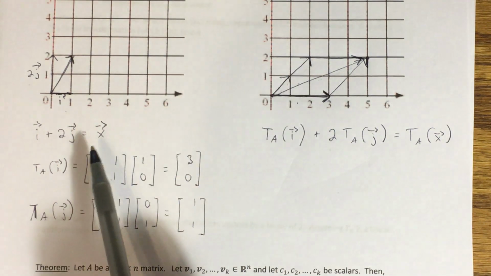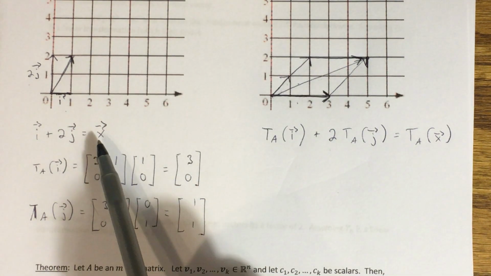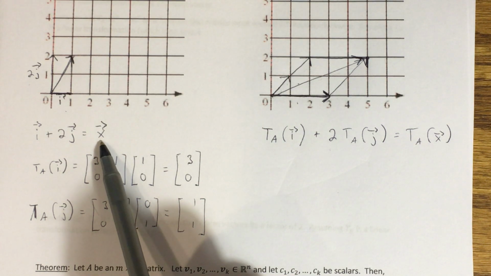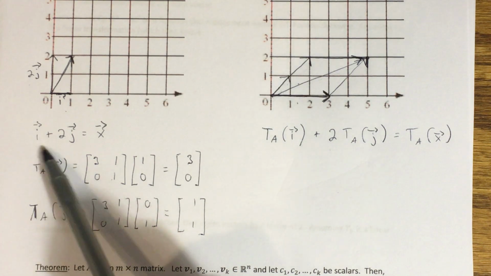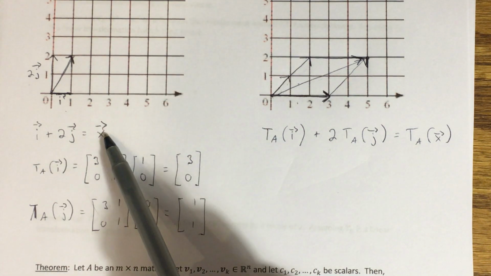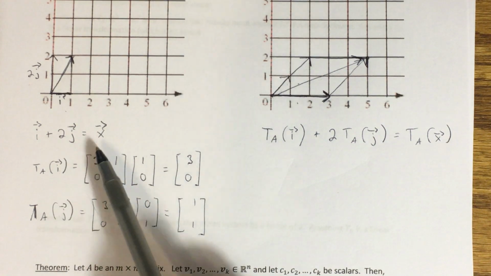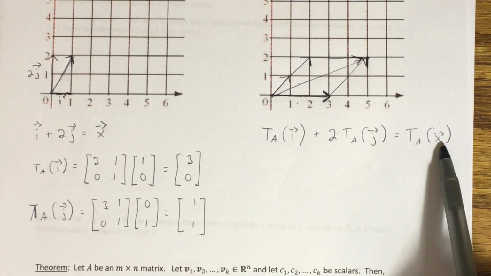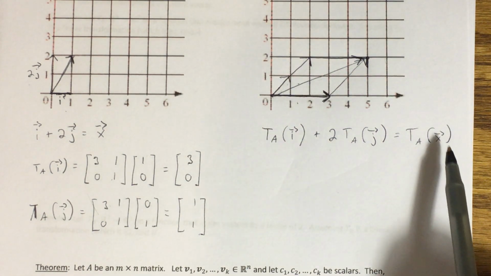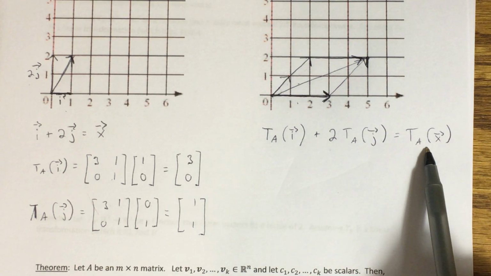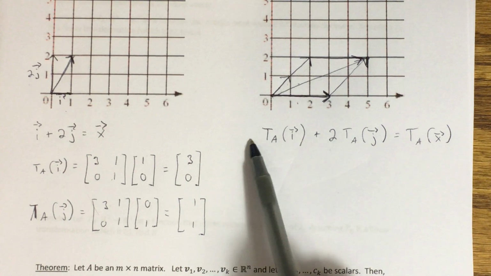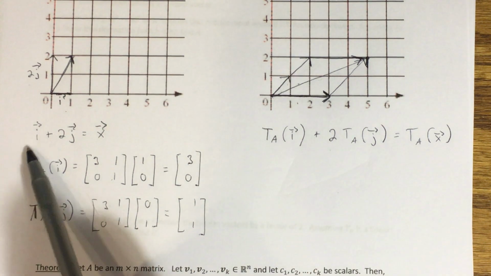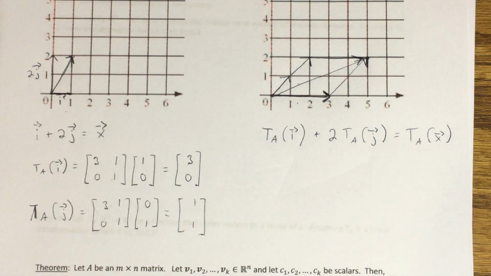Well, what this tells me is that the vector x, when written as a linear combination of the standard basis vectors i and j, can then be plugged into our transformation, giving me TA of x, the output vector. And that output vector can be written as a linear combination of the outputs of i and j with the same coefficients that I would have used in this linear combination.